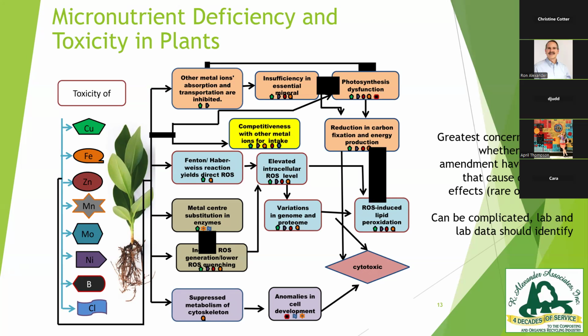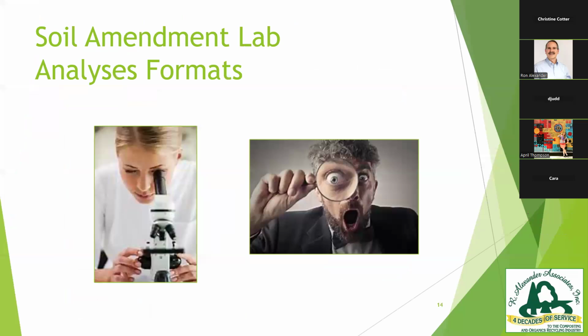It's having a bunch of trace elements that bind other ones and being concerned about that. It's a complicated subject, number one, but the lab testing and the lab should help you identify any of that. And it is somewhat rare. So I just don't want you to be caught up in that.